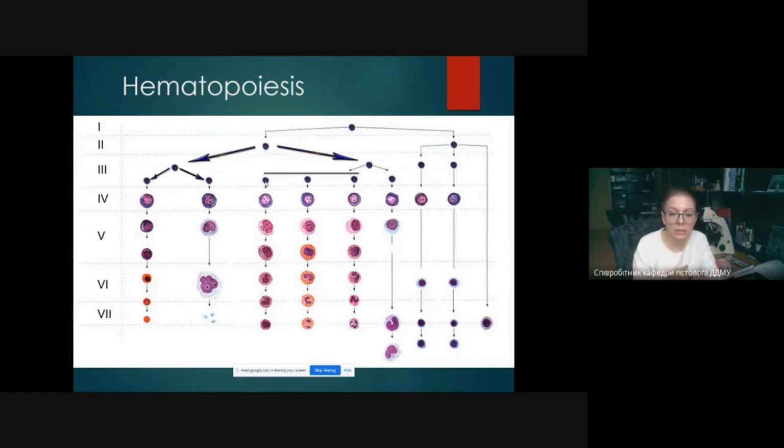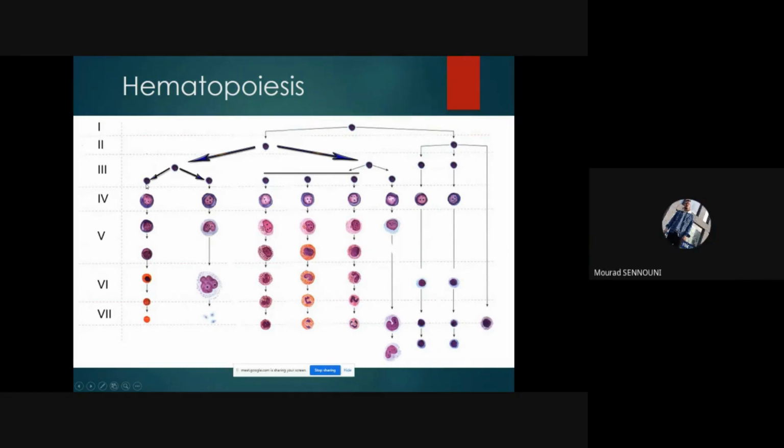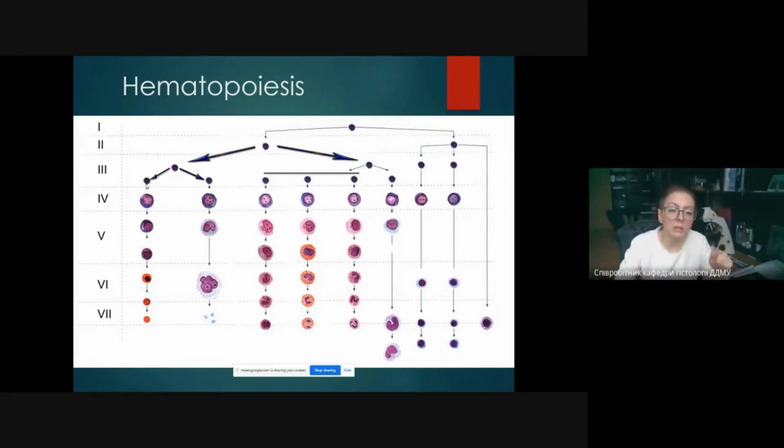So how do we call cells which differentiate into only one lineage? Colony-forming units, or unipotential precursors. Unipotential, because this cell can give rise to only erythrocytes.